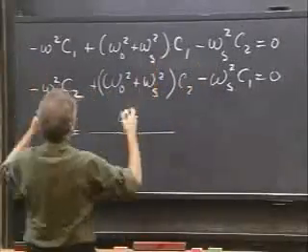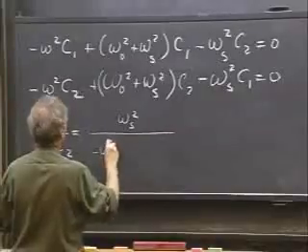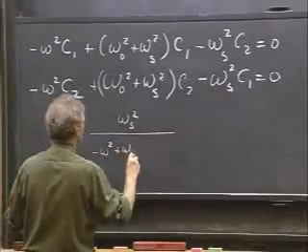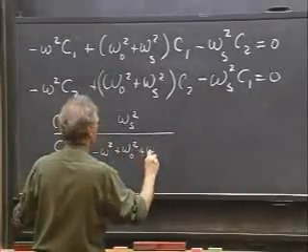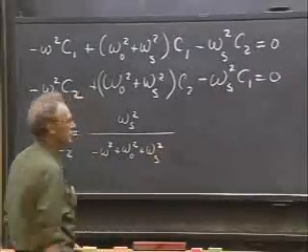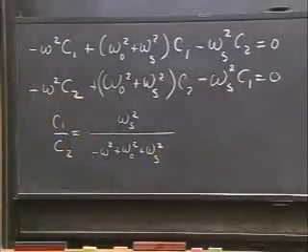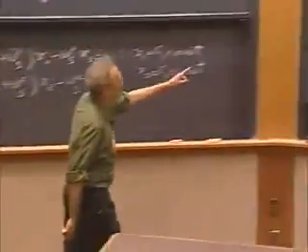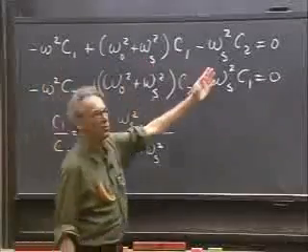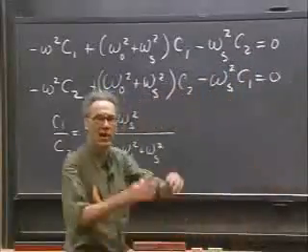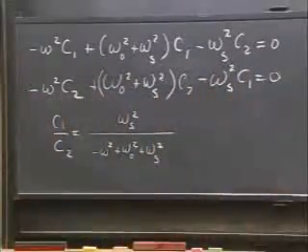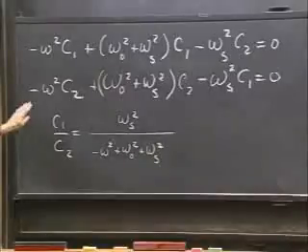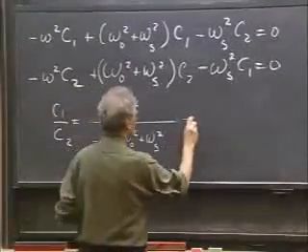And all this comes downstairs: minus omega squared plus omega 0 squared plus omega s squared. Do we agree? That's the first equation. I've simply written it as c1 divided by c2. I can always do that, right? Bring the c1s to one side, the c2s to one side, and divide them. That's this. And I'm going to do the same with the next equation.